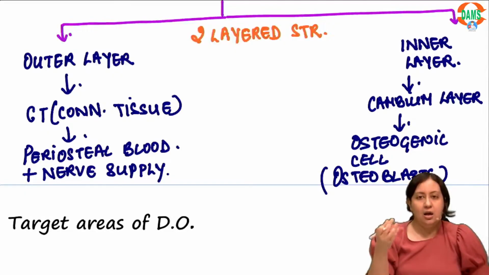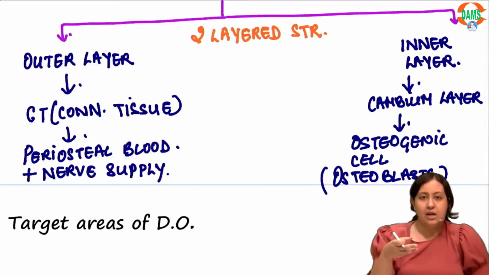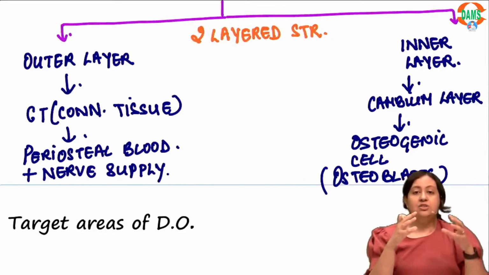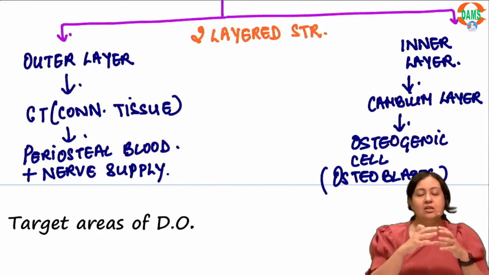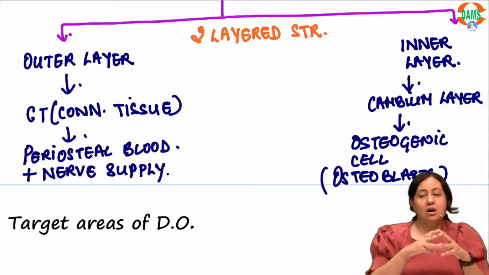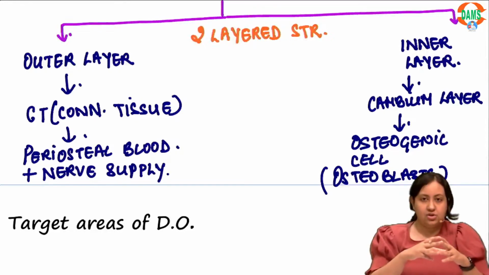Osteoblasts have osteogenic potential and will help in bone formation, and when there is bone formation, it definitely needs a blood supply and a nerve supply. So your periosteum is a treasure. It has everything required for new bone formation, regeneration, or repair. Hence, this is a very, very important structure in distraction osteogenesis.